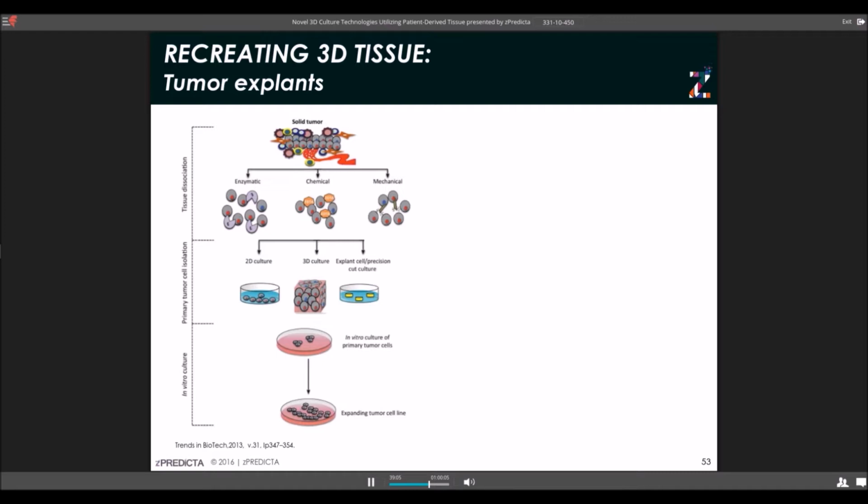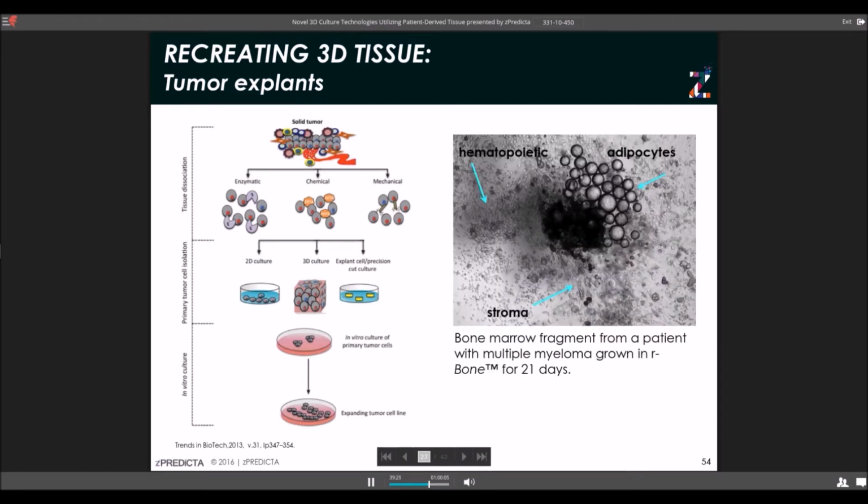And then a tissue fragment is placed in culture. This tissue fragment brings with itself the microenvironment of that particular tumor, and this can be cultured over time, with various cells coming out.